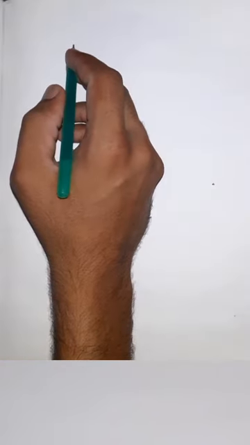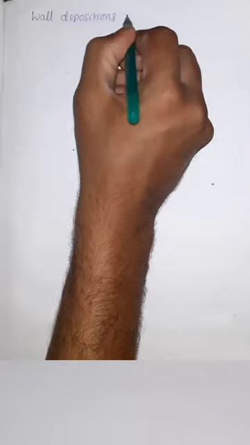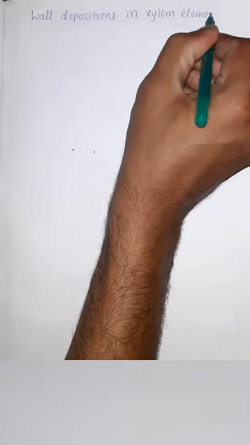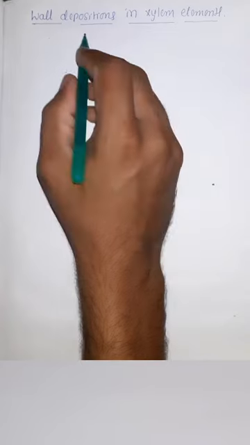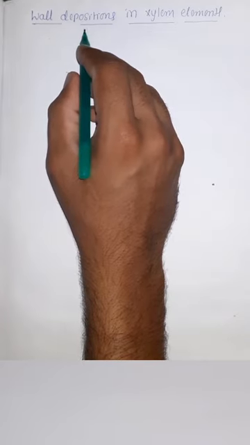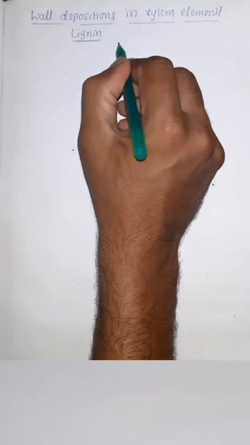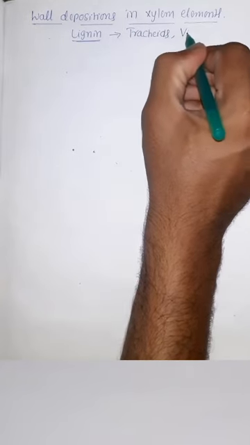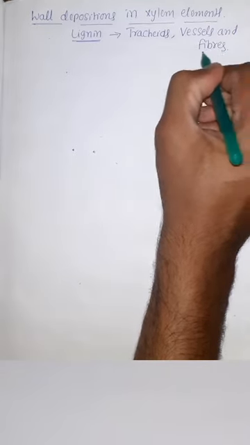Next, here we have to know a little bit more about wall depositions in xylem elements. As we know, the secondary wall material is lignin, which is deposited on tracheids, vessels and fibers.